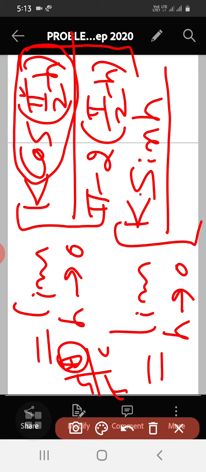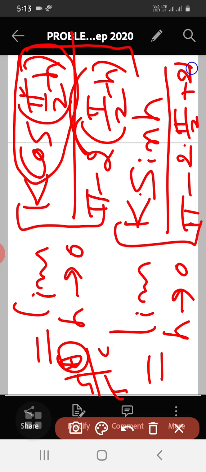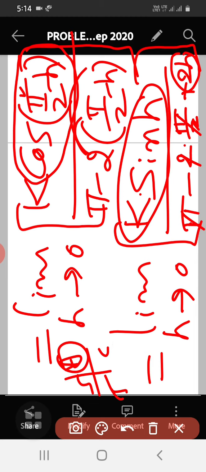In the denominator, I will remove the bracket: pi minus 2 into pi by 2 minus h, which is pi minus pi plus 2h. The 2 cancels, pi minus pi is 0, so in the denominator I am left with only 2h.